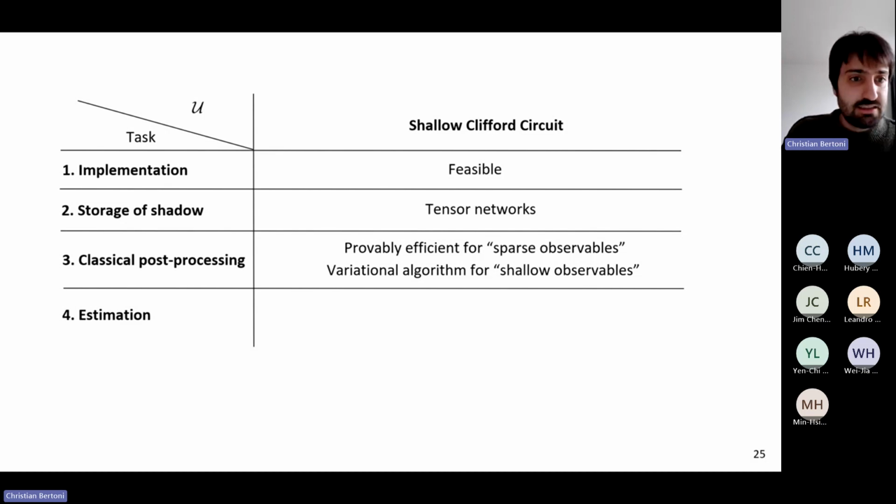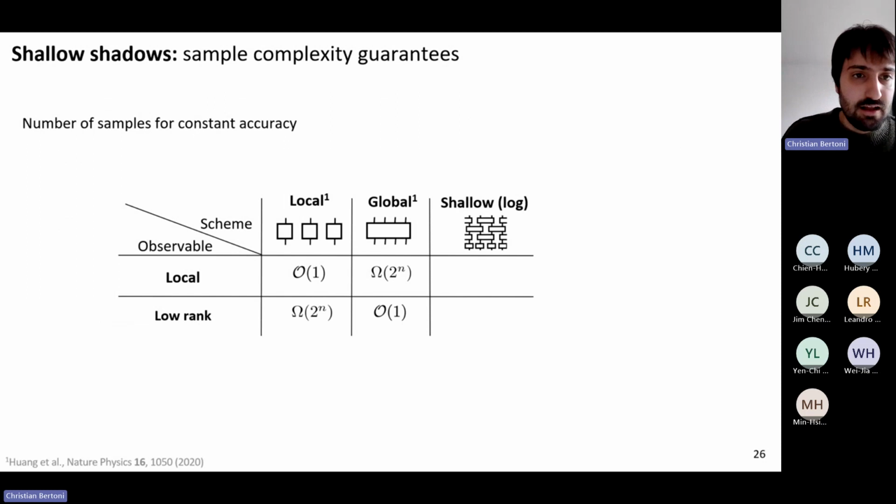And with this, I can move on to the final point, which is bounding this variance. Let's say that we managed to compute estimators for some observable that we're interested in. How many do we actually need in order to be sure that we get some reasonable estimate?